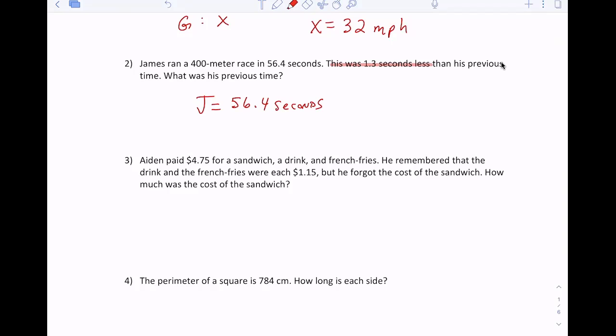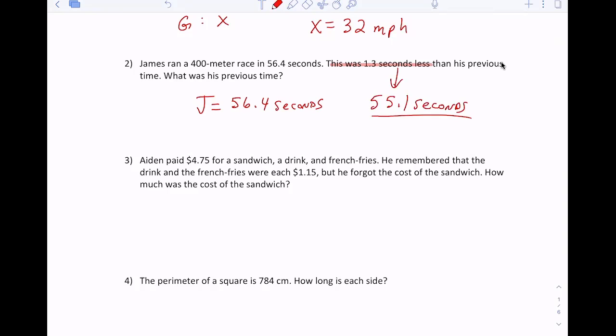Now, here's what I'm trying to tell you. Most people say it was 1.3 seconds less, so without thinking about it, they just subtract and say 55.1 seconds. That's what they normally would say, because they see 1.3 seconds less, so they just subtract 1.3.